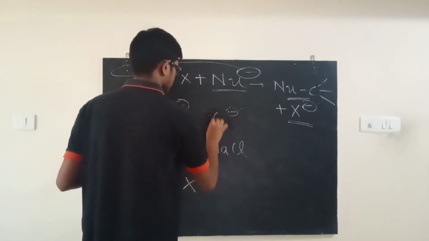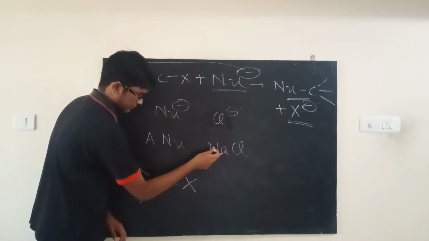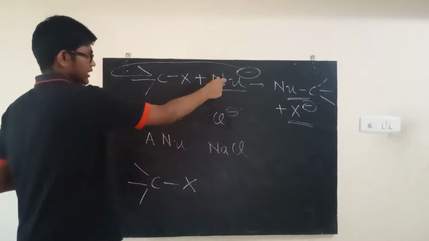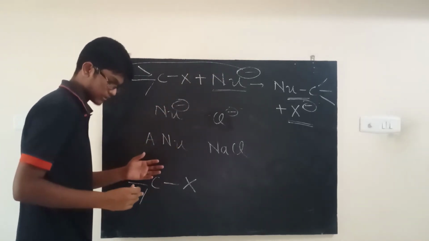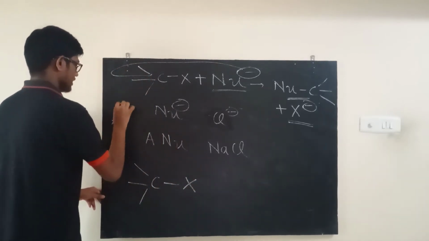Here's what we're going to do. The positive charge, which is the counterpart of the nucleophile Nu minus, in some cases can form a coordinate bond. For example, here I have A plus and Nu minus, right?